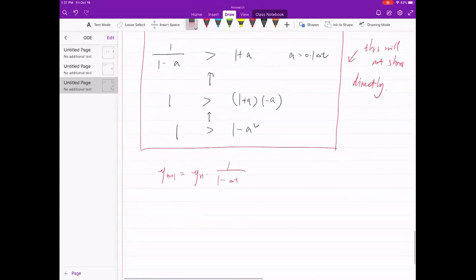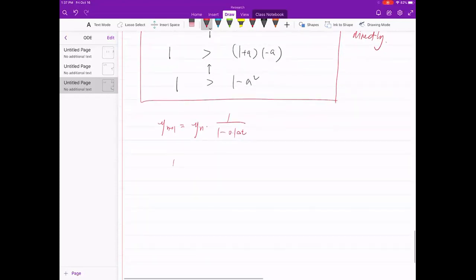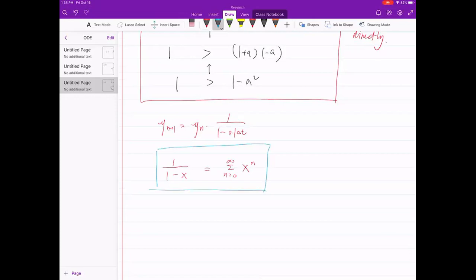The true proof will involve using the fact that this one equals something, which is from calculus 2. I was trying to skip this. Turns out I cannot skip it.